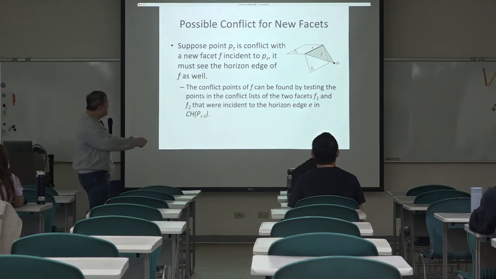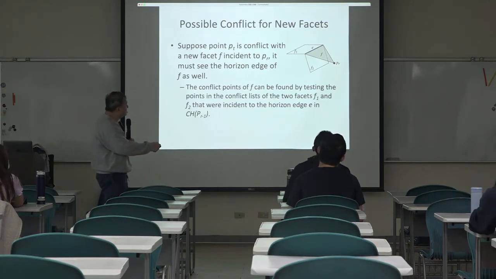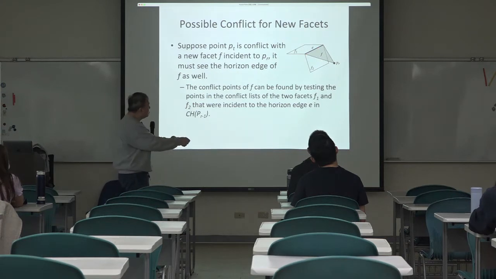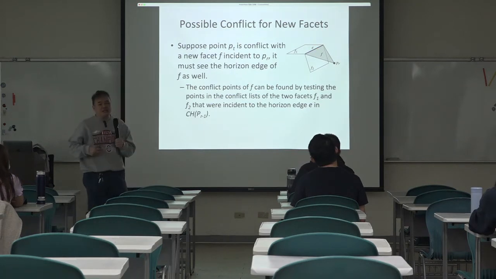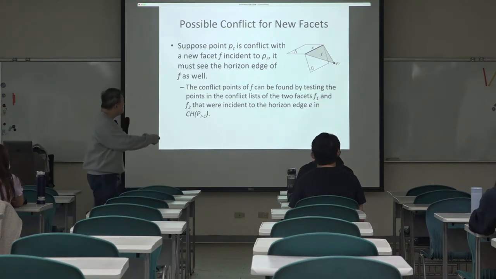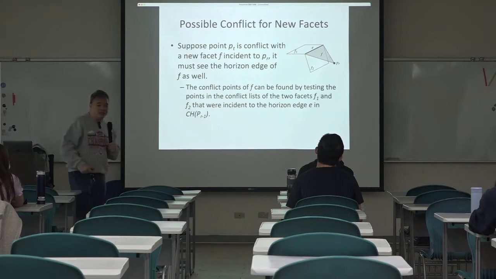But if those points can see this edge E, before we insert PR, those points must conflict with either F1 or F2, right?